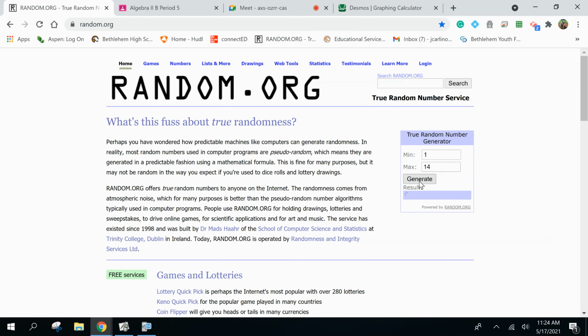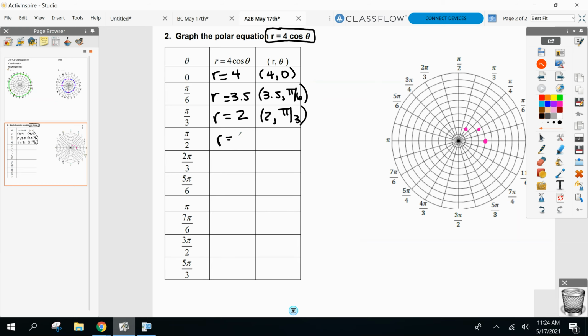I just heard from Eliana. Let's hear from somebody else. Isaiah? You get 0. Yeah, 0. What's the deal there? 0 at pi over 2. Guess where this point's going to be? 0 for your r. Where's it going to be? Right in the middle, right in the center. I don't go anywhere around. So there's the center.